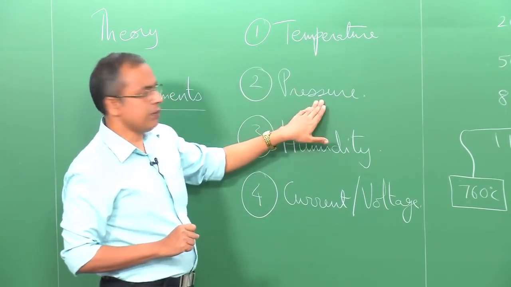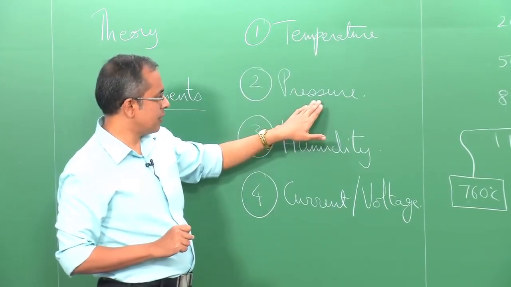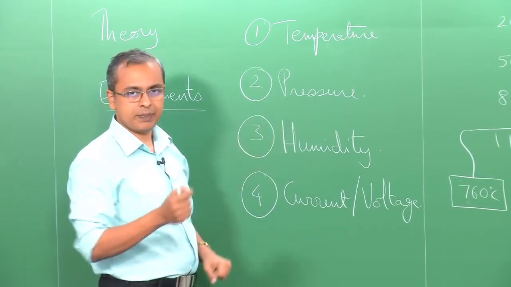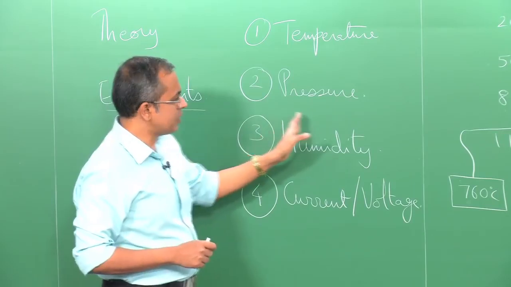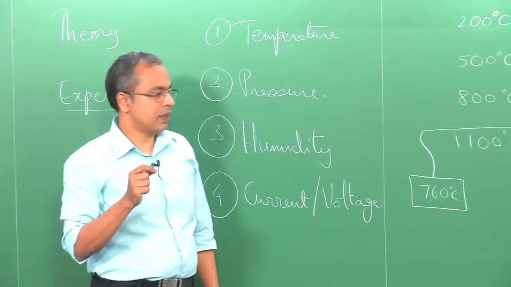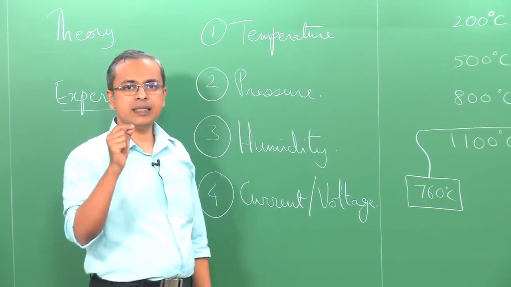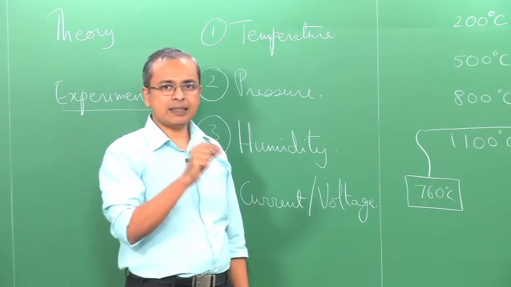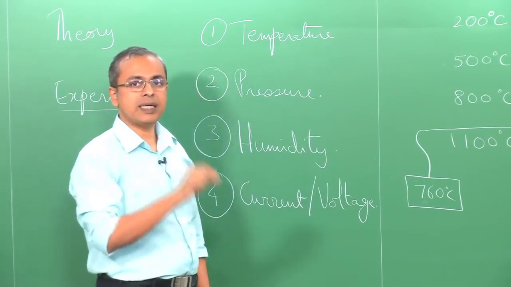I will not spend too much time on pressure, except to say that, similar to temperature, you have to be cautious about where the sensor is located in your experimental setup, and whether it actually measures the pressure that you think it is measuring.